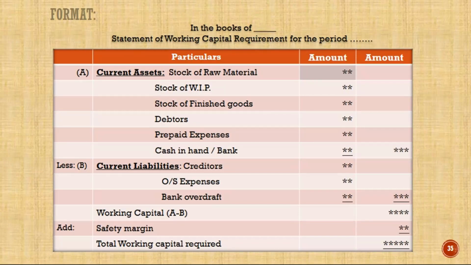So in this way, we can estimate or calculate the working capital requirement of any organization. Moving further, we will see an example and try to solve the problem concerned with working capital estimation.